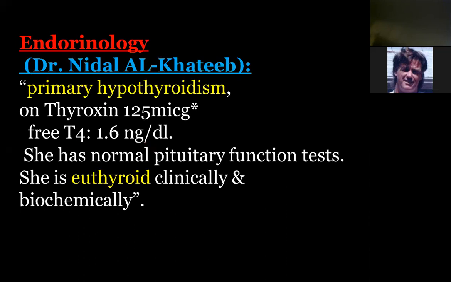If TSH, for example, before treatment, is around 3-4 and T4 is low, most likely you have both, mixed primary and secondary at the same time. But if you have antibodies positive and a goiter, and by ultrasound you have Hashimoto, most likely you have autoimmune disease. Thank you.